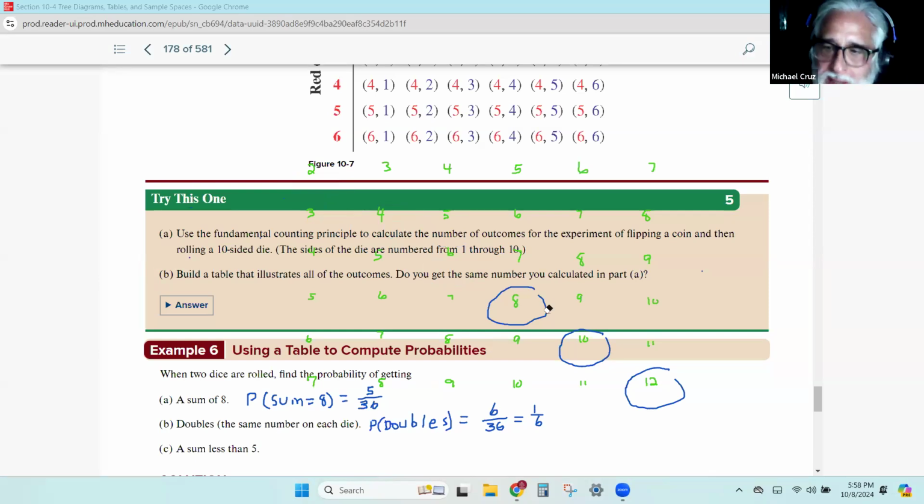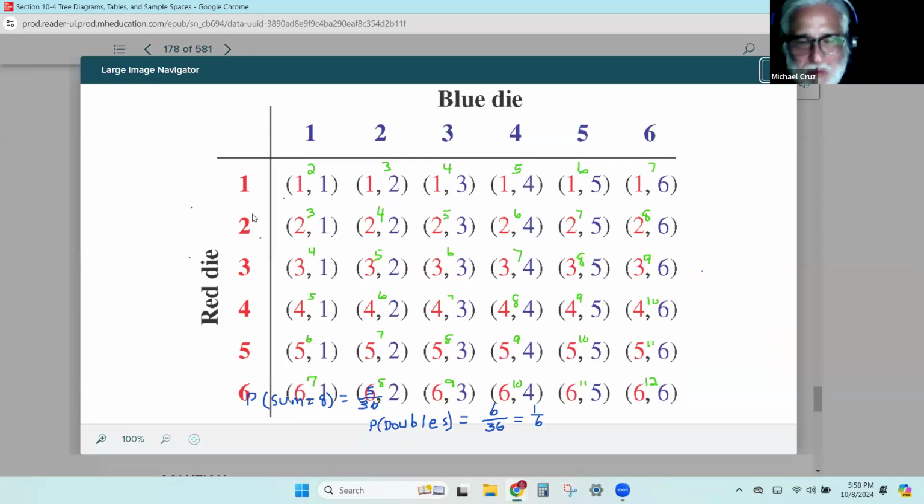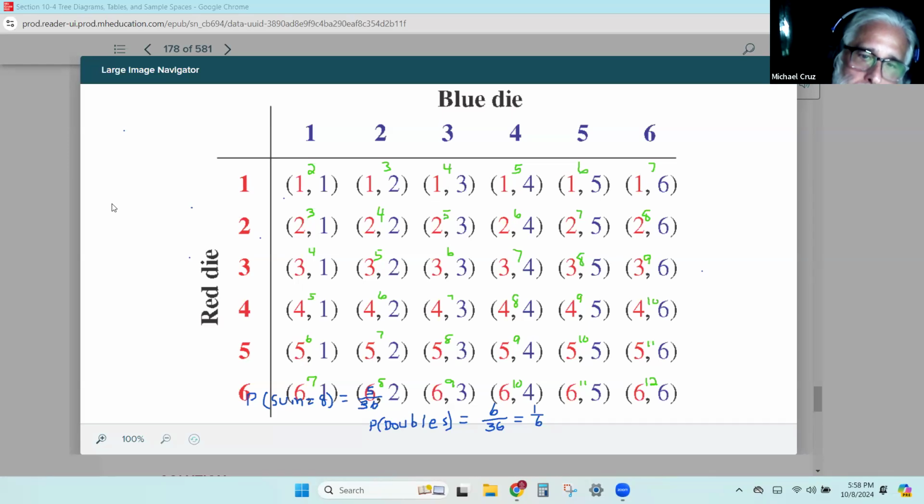Let's see, a sum less than 5. So let's bring that board back up. And we need less than 5. Okay, less than 5. So this line right here is the 5 line.